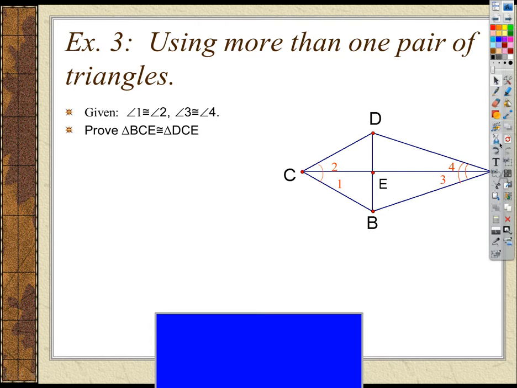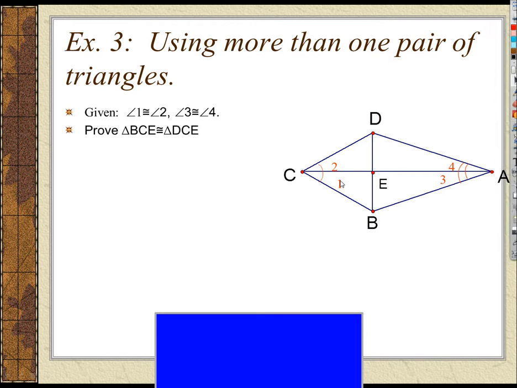All right. So what about this one? Now let's just see if we can talk our way through this. See if we can get a strategy. Given that angles 1 and 2 are congruent, and angles 3 and 4 are congruent, that's it. We want to somehow show that triangle BCE, that little guy on the bottom, is congruent to triangle DCE.